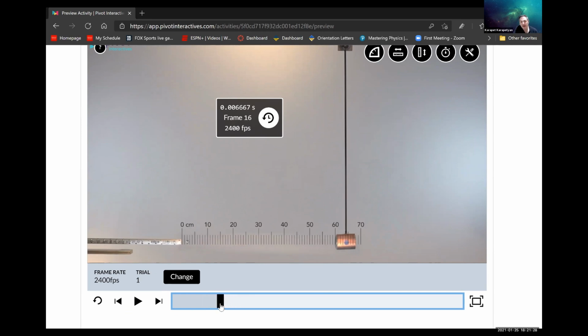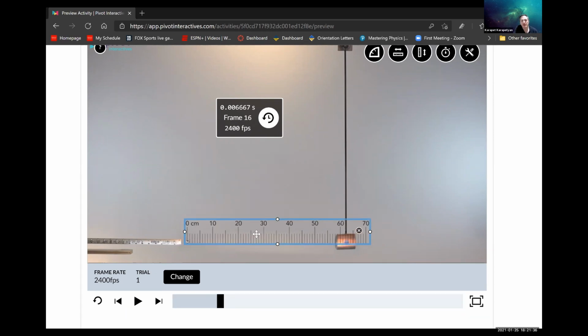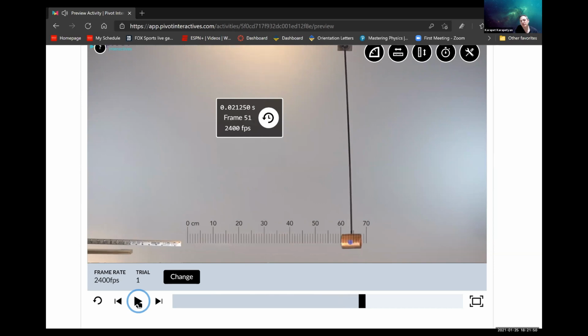Now you can put it here at 0, reset your timer, and measure how long it takes to go to 50 centimeters, let's say. Once you start, it syncs the timer with that.